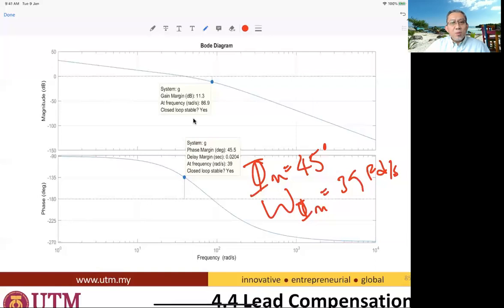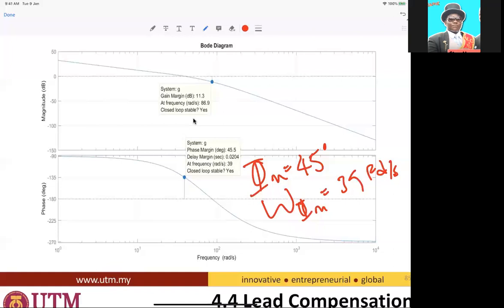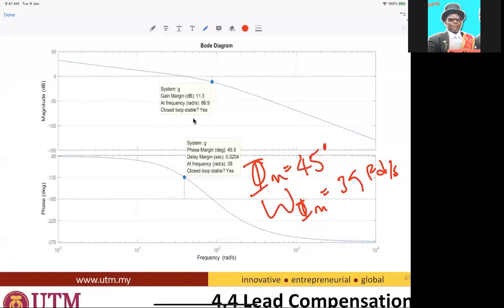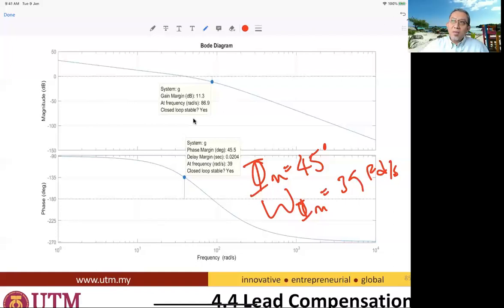So after this, we will go for the second example. Sir, saya terlepas dengar tadi sir. The first difference is lead compensator, pasal ZC dengan PC tadi. Oh, ZC dengan PC. For lead compensator, ZC is less than PC.